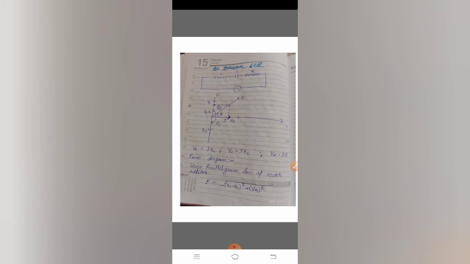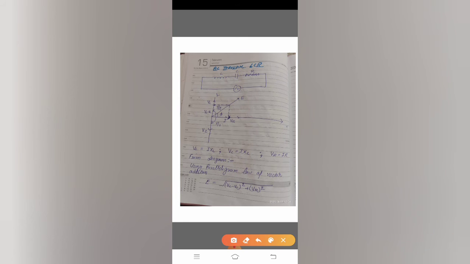Cos is also there, but as the angle is pi by 2, cos of 90 is equal to 0. That's why we have not written it. If you remember, the formula for the parallelogram law to calculate the resultant was R is equal to under root P square plus Q square plus 2PQ cos theta. But here cos 90 is equal to 0, so we have not written cos.